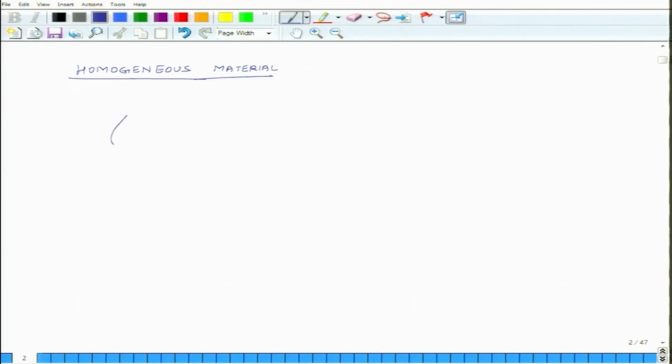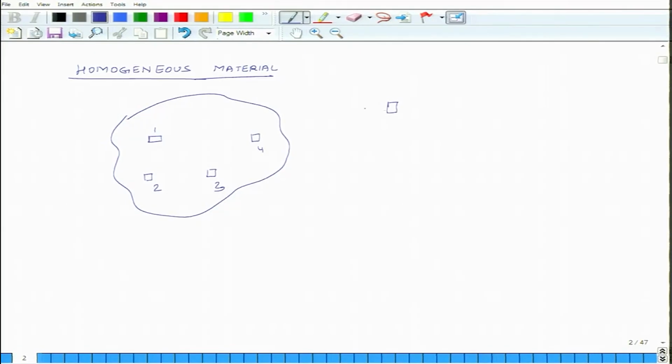Suppose you have a chunk of material and you want to find the properties of this material. You can take different samples of the material, say sample number 1, sample number 2, sample number 3, sample number 4, and suppose you want to find the Young's modulus of this material.